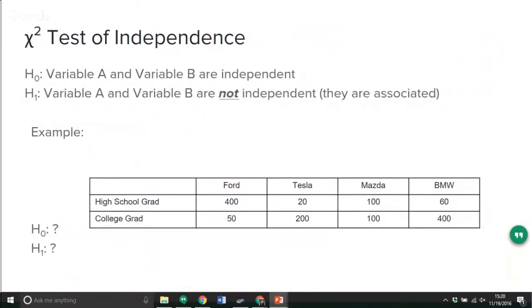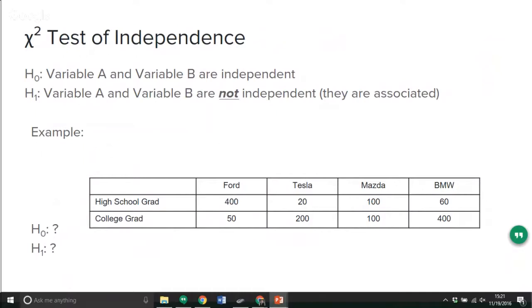test of independence? If it is non-significant, then what we are saying is there is no significant dependency. Okay, they are not significantly dependent on each other. Right, we are supporting or not rejecting the null hypothesis.